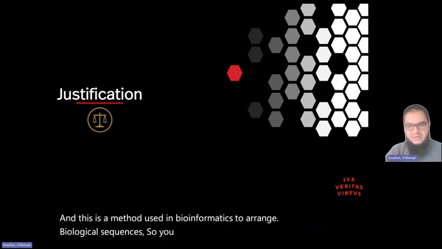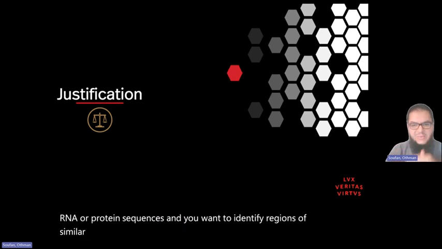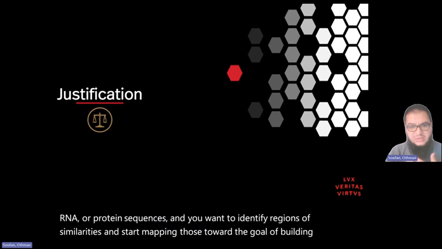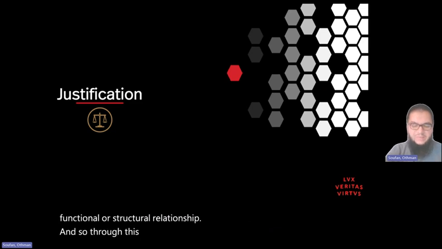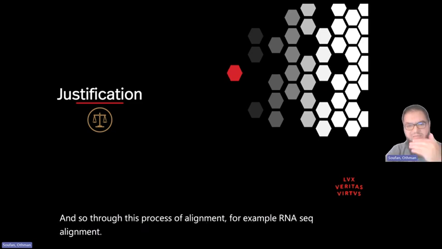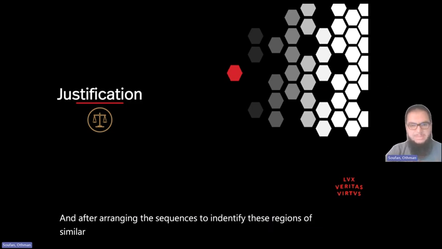So you may have some reads that are DNA, RNA, or protein sequences, and you want to identify regions of similarities and start mapping those toward the goal of building functional or structural relationship. And so through this process of alignment, for example, RNA-seq alignment, and after arranging the sequences to identify these regions of similarities, we can achieve several goals.